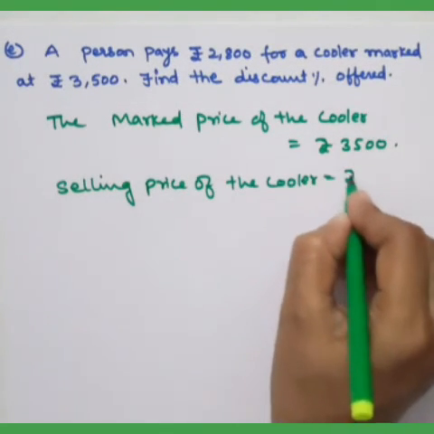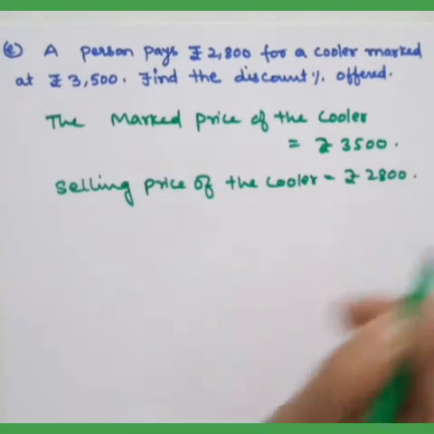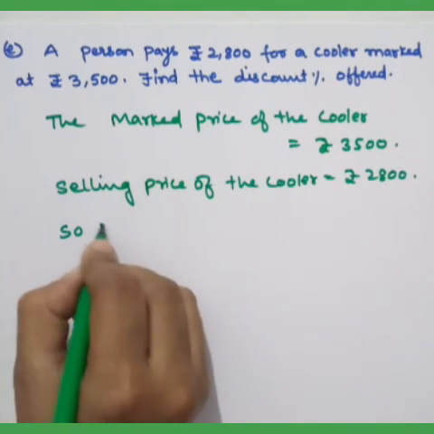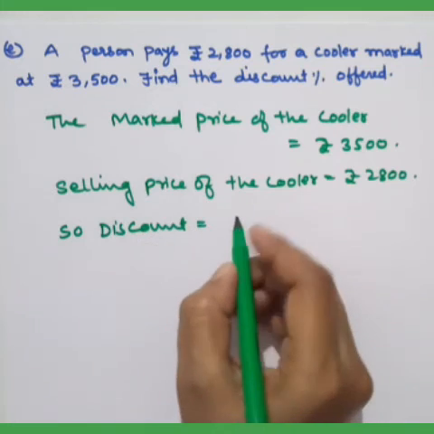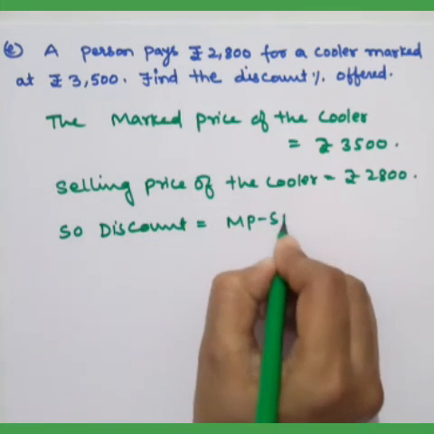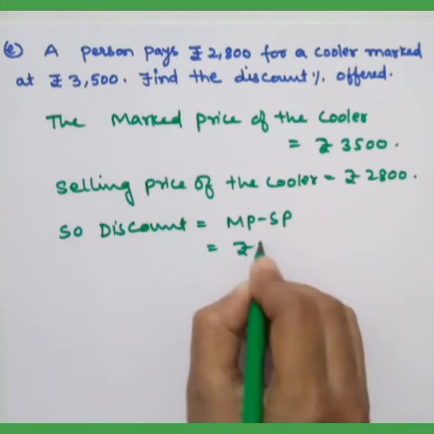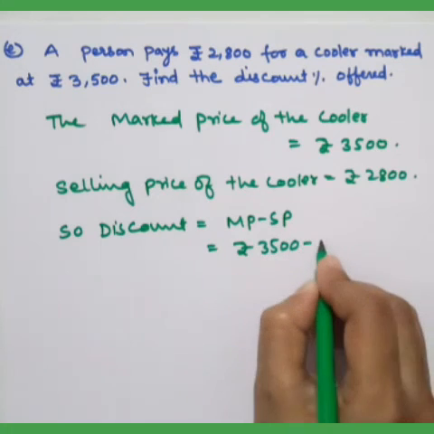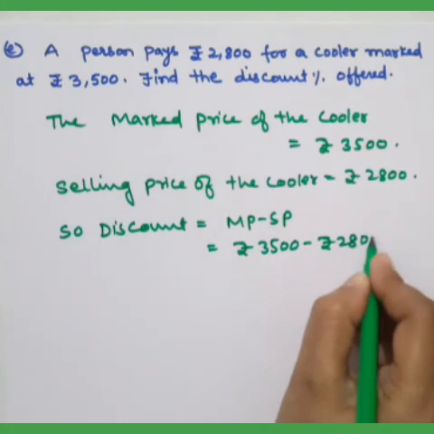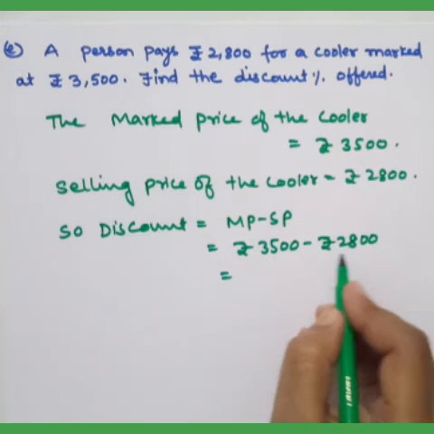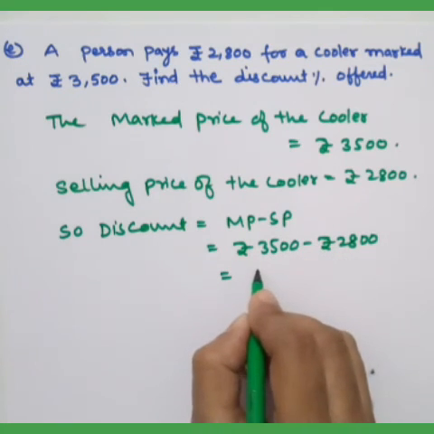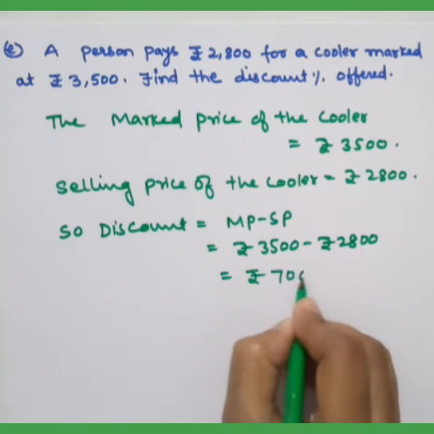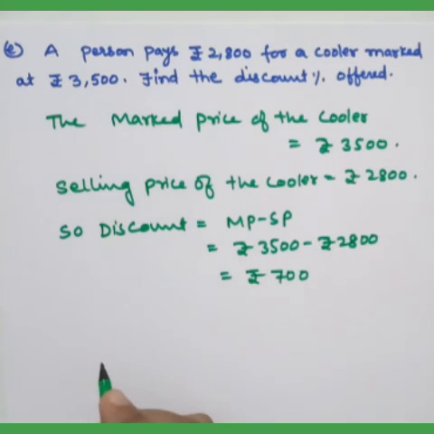Is equal to rupees 2,800. So discount is how much? Discount is the difference between these two. Discount will be equal to MP minus SP. So this is rupees 3,500 minus rupees 2,800. See how much it is. 7 4s are 28, 7 5s are 35. That means 700 left. See, 700 rupees is the discount.